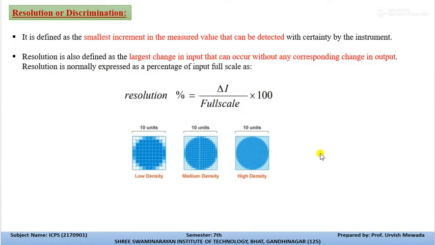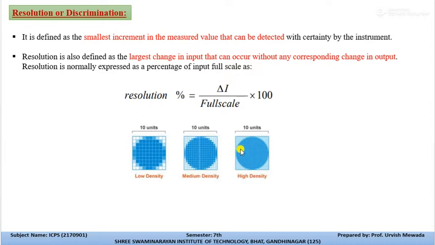Now, resolution or discrimination. You can differentiate these three figures: low density, medium density and high density. These are the squares in this rectangle. In this one all the squares are together and you can see them easily, in this case it is somewhat difficult to see, and in this case you cannot easily see the squares.